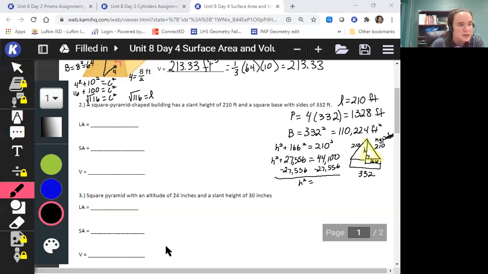And we get 16,544. And then we're going to take the square root of that. And it does give us a decimal, so we are going to leave that for our height until we need to use it. So our height is the square root of 16,544.